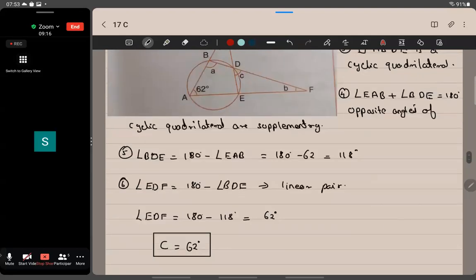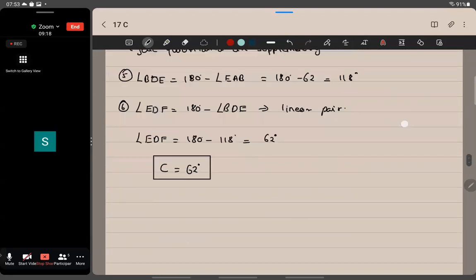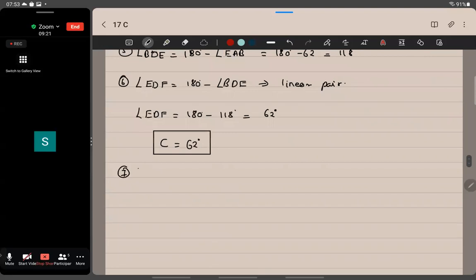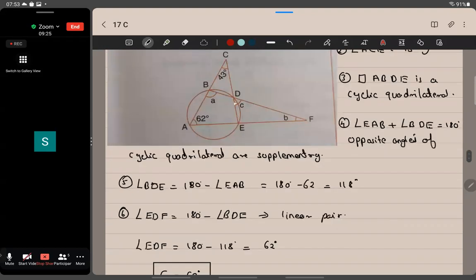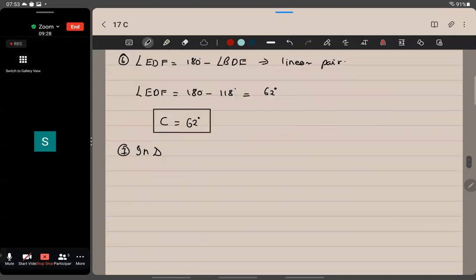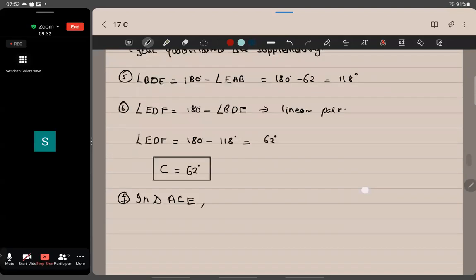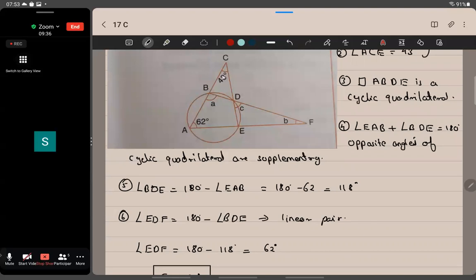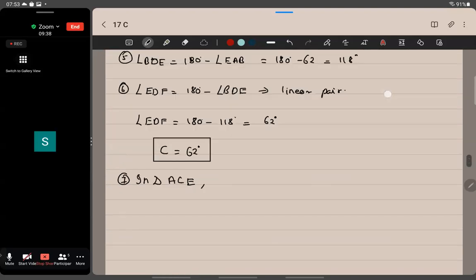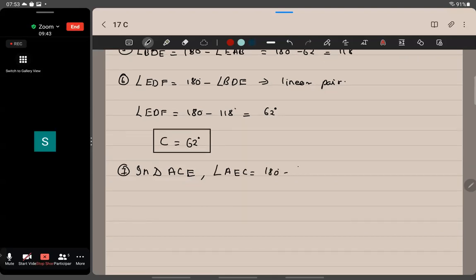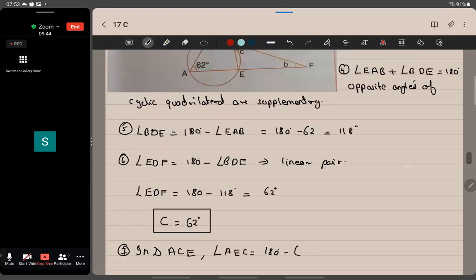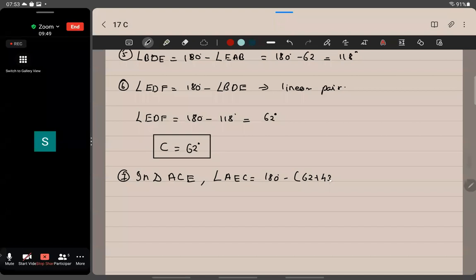Now seventh, in triangle ACE, if you see, A is given, C is given, we have to just find E by angle sum property. So angle AEC is equal to 180 degree minus 62 plus 43, using angle sum property.